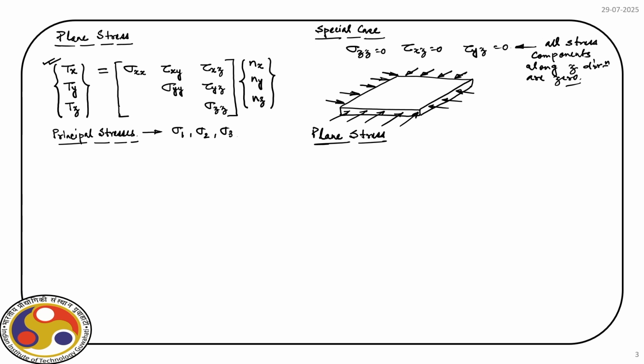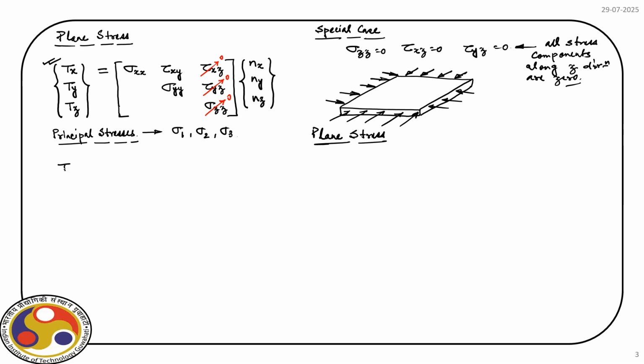Now, if we have a plane stress problem, then as per our definition, sigma zz goes to 0, sigma yz goes to 0 and xz goes to 0. So, effectively we have a two dimensional problem.